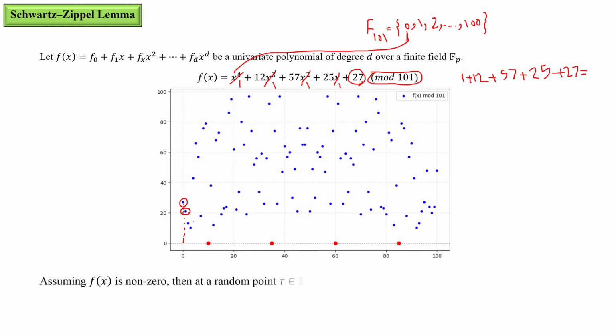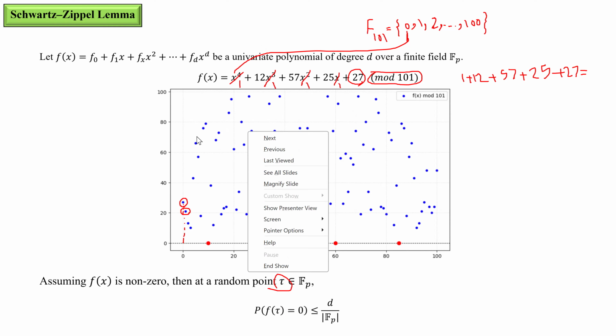And now we want to discuss the Schwartz-Zippel lemma. The lemma says that if you pick a random point tau from this set, here F sub 101, the probability that the evaluation of f at point tau equals 0 is less than or equal to d over the size of the field. Okay, let's see how this happens.